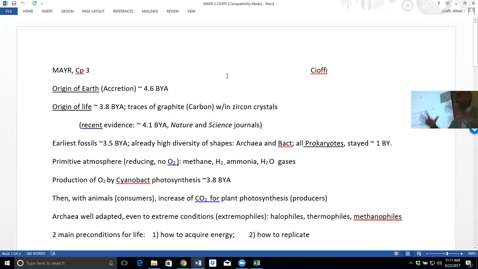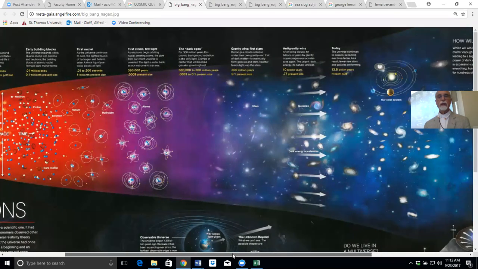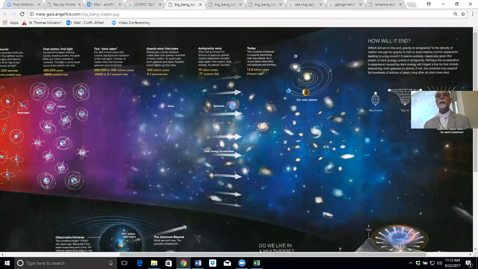Accretion, which is a condensation phenomenon. So we're talking about 13.5 billion years ago was the explosion, the Big Bang, popularly known. And then we speed forward to about 10 billion years ago, with the formation of galaxies.